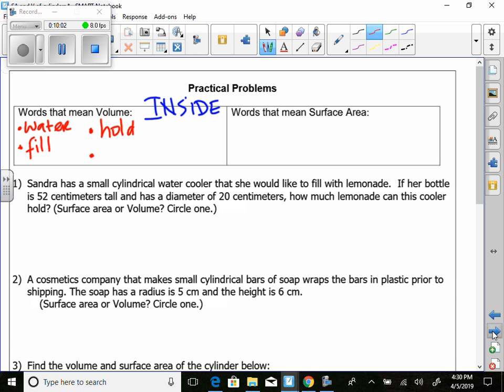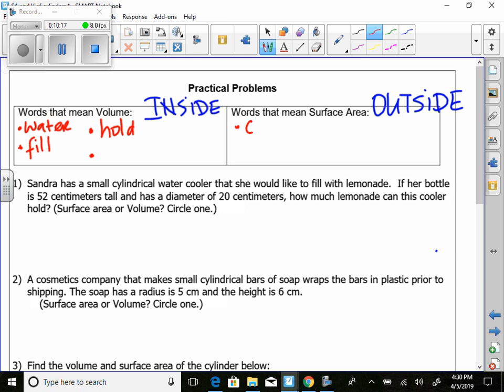Those things. And the words that indicate the outside of the shape will refer to surface area.